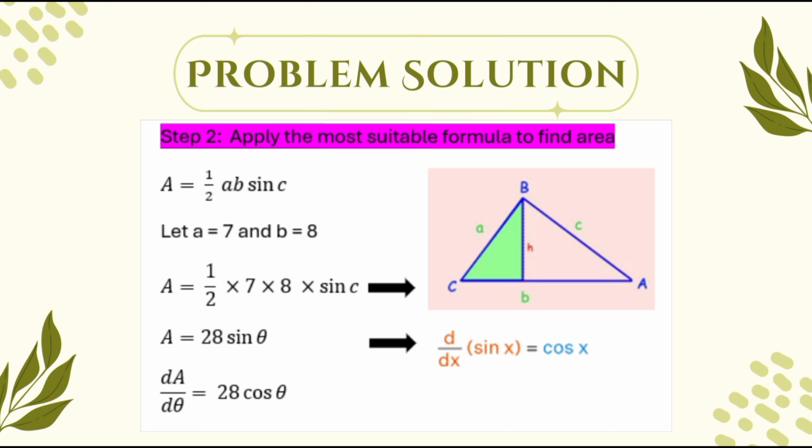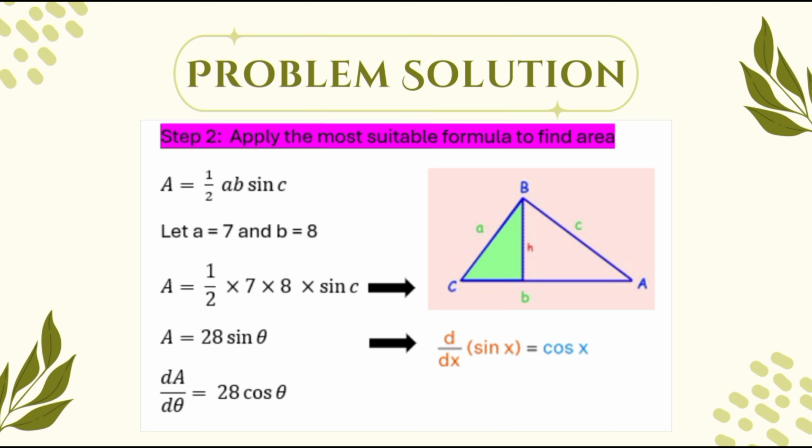As I mentioned earlier, there are two side lengths given in the question, so for this problem, the most suitable formula we can implement is A equals 1/2 ab sin C. Then, we will substitute the value of each side into the variables a and b and substitute C as theta in the formula.